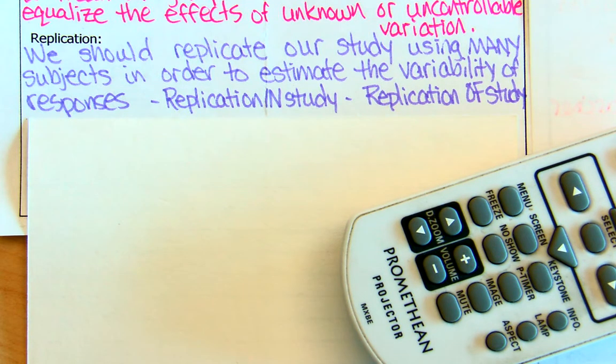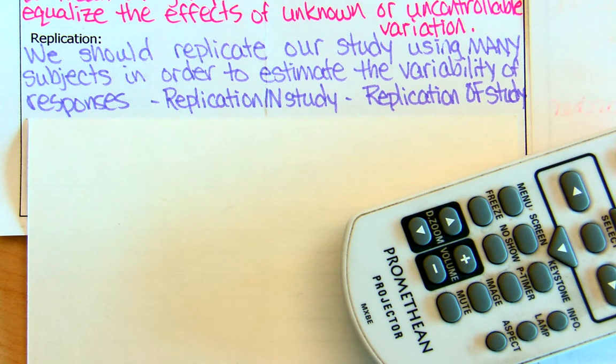Okay, so this idea of replication says you can't just have one person in each treatment group. Okay? You can't just say, well, I want to try out this shampoo with my family, so I'll have my husband use this shampoo and my daughter use this one, and then I'll see who has better hair. Okay, well, each person may react slightly different, and so we need many subjects.